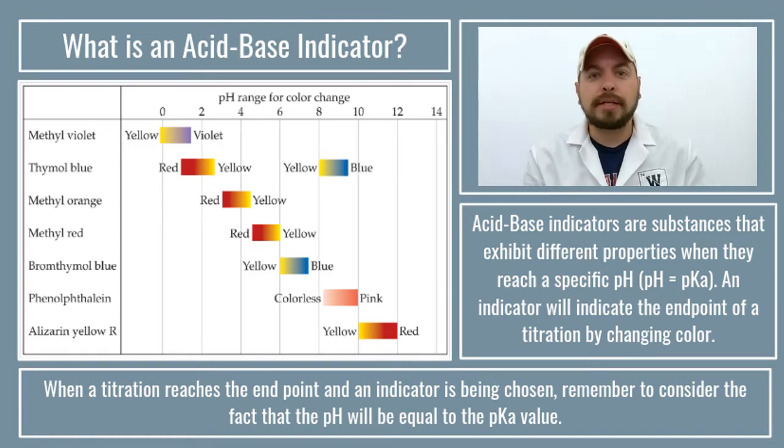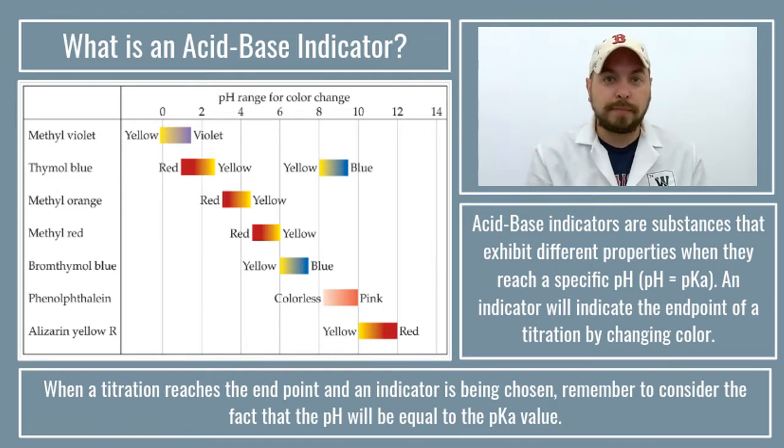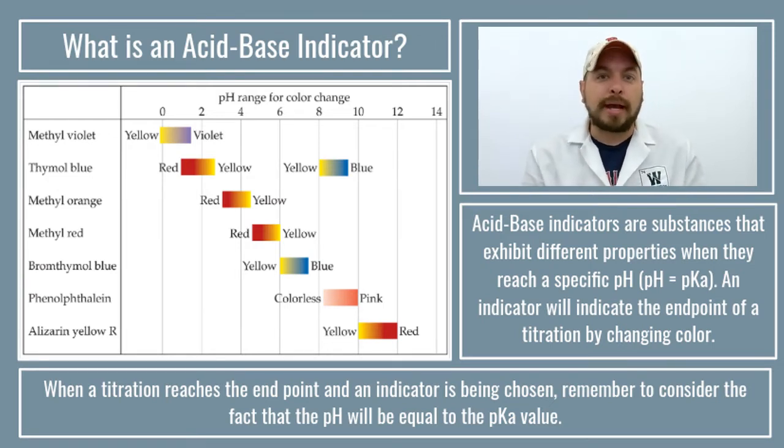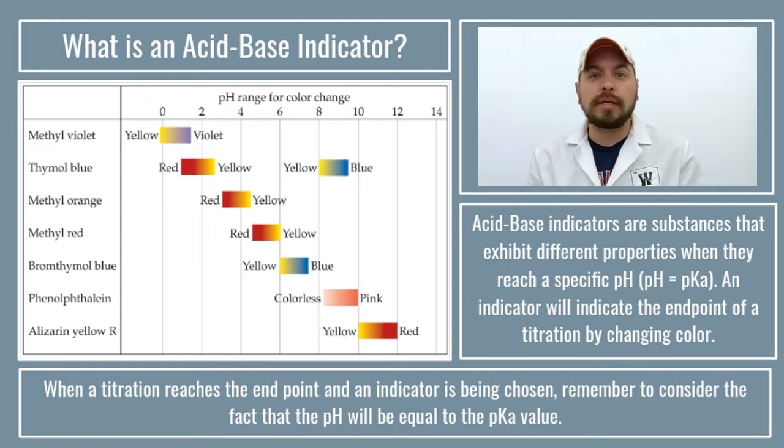An acid-base indicator is often itself a weak acid or base. And as such, the acid-base indicator has its own Ka or Kb value. That's an important thing to understand because we're going to use that Ka value of the indicator to determine where the indicator is going to change color.